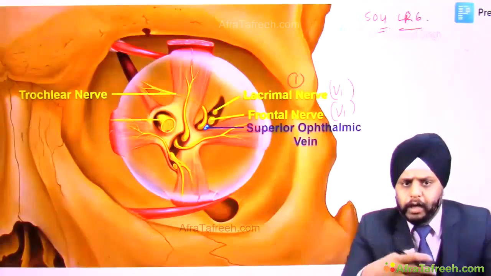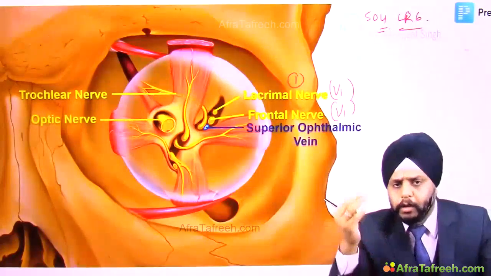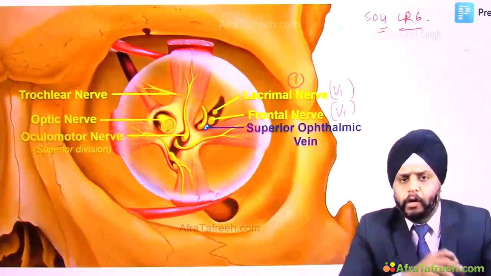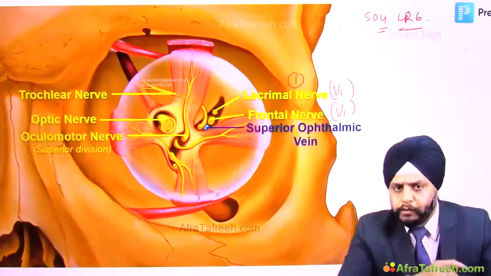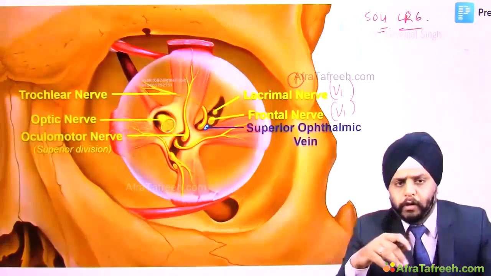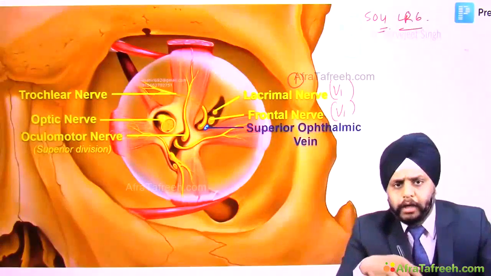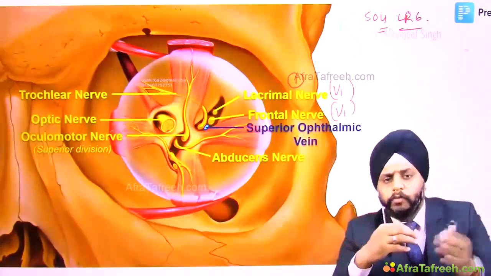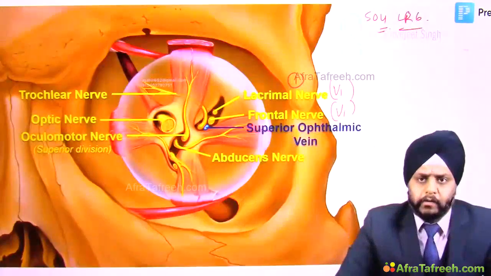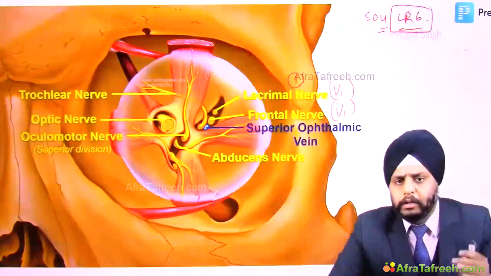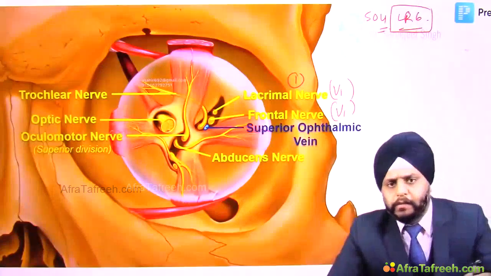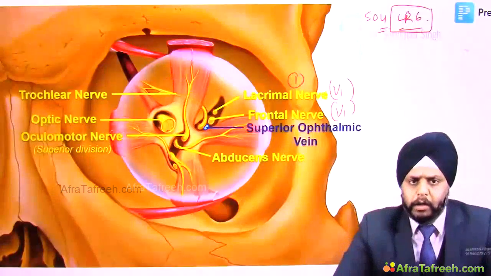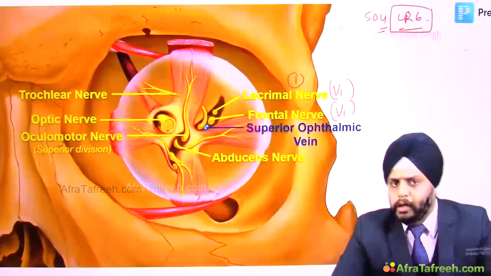Above that we have the optic canal and the optic nerve. Now look, in the central part of the superior orbital fissure we have the oculomotor nerve, superior division. Then we can see the abducent nerve, the 6th nerve. Remember, as I told you, LR6, it supplies the lateral rectus muscle, so you can see it is coming and supplying the lateral rectus muscle. The superior division of oculomotor, 3rd cranial nerve, has supplied the superior rectus muscle.